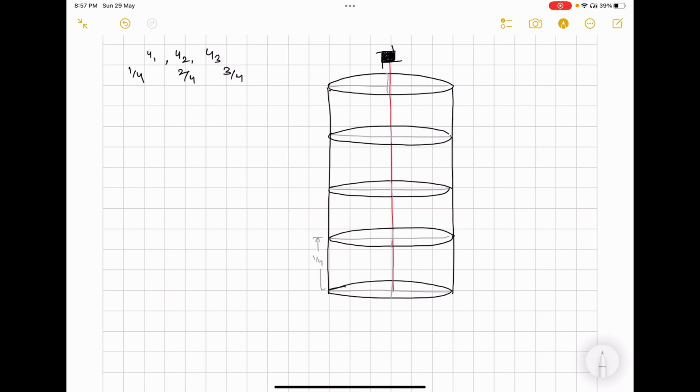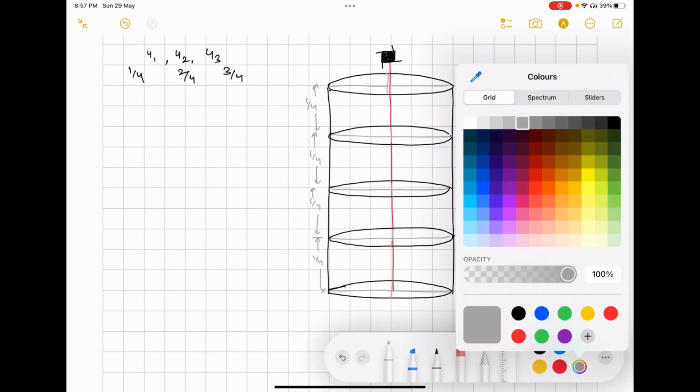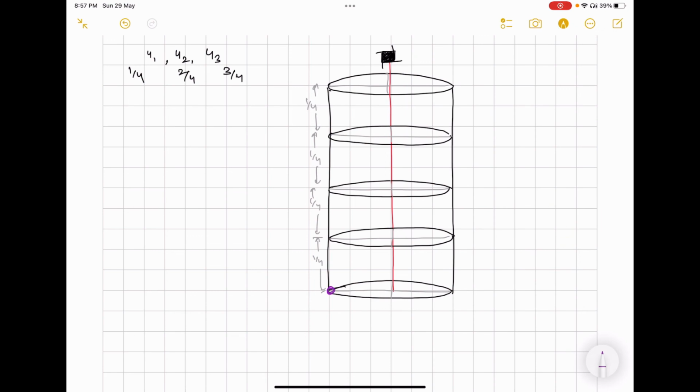So this is 1 by 4, 1 by 4, 1 by 4 and 1 by 4. So let us start with the point here. So this point rotates by 90, reaches here, then translates by 1 by 4. So it will reach here.